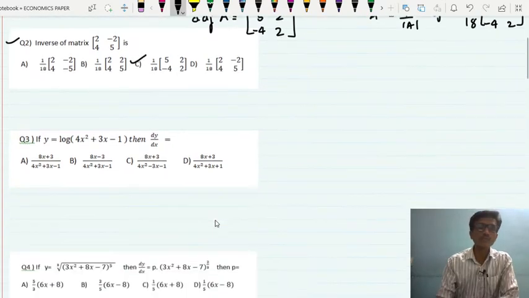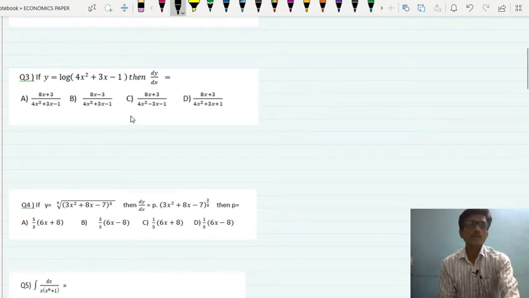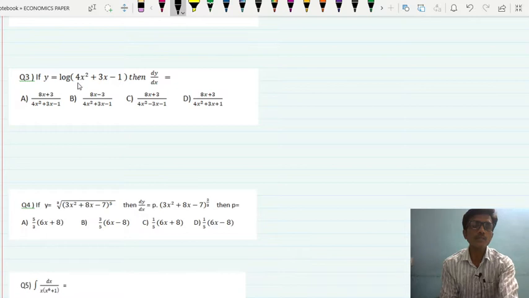The next question: dy by dx is to be found out. The derivative of log of f(x) is 1 upon f(x) into f dash of x.